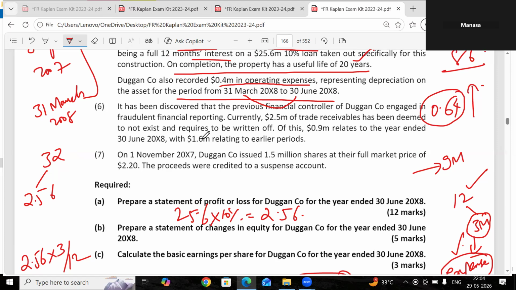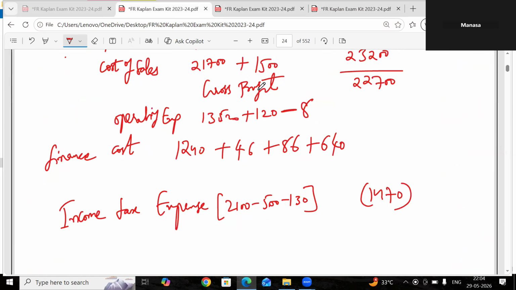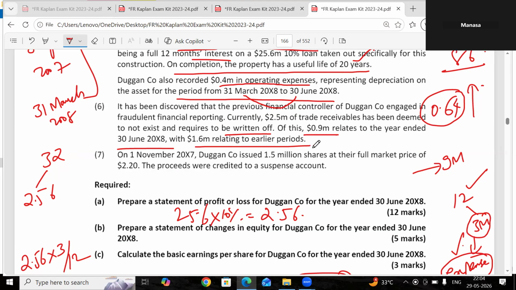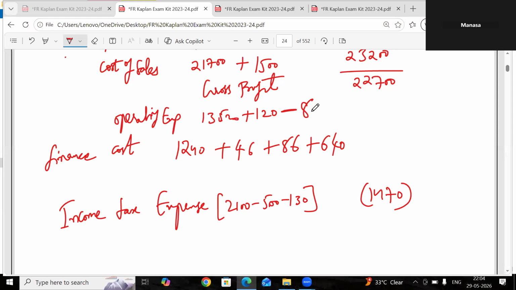That means those customers are not at all there, and they have to be written off. Of this, much relates to earlier periods, and we don't want earlier periods. We want the current period. So how much we need to write off? 0.9 million, which is 9 lakhs. 3 zeros omitted, 900. So we need to show that.